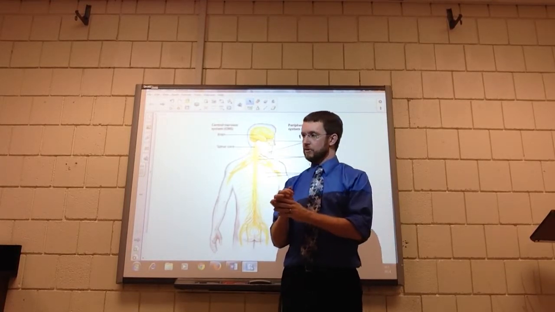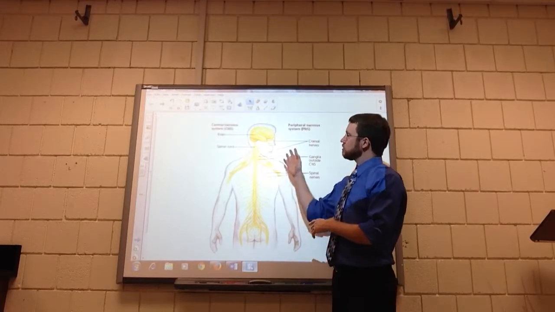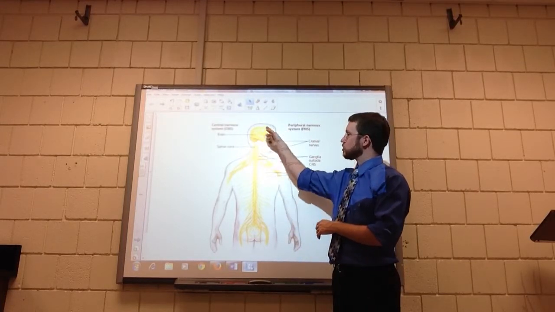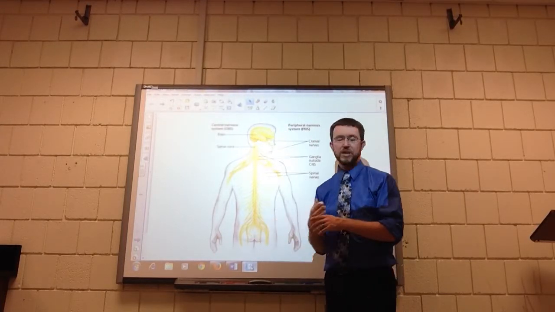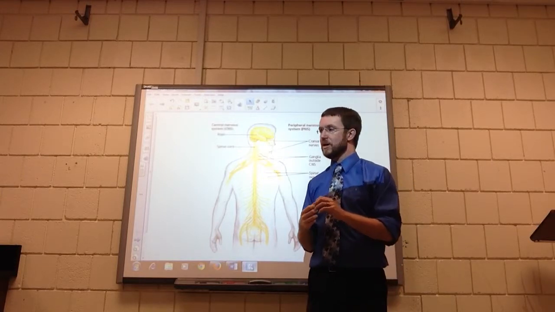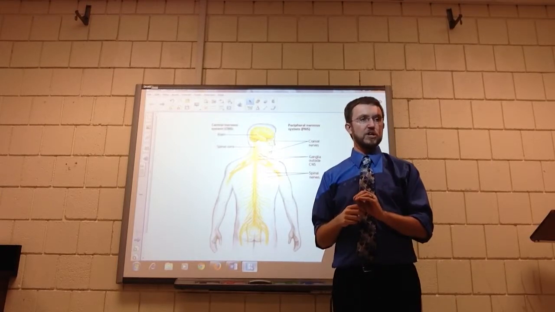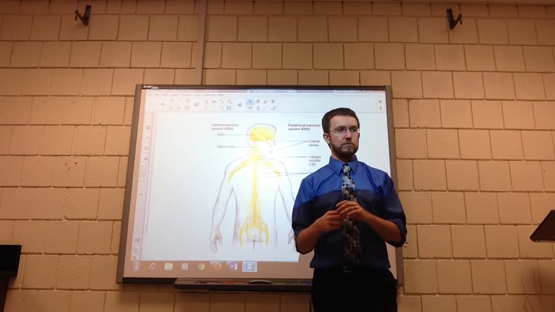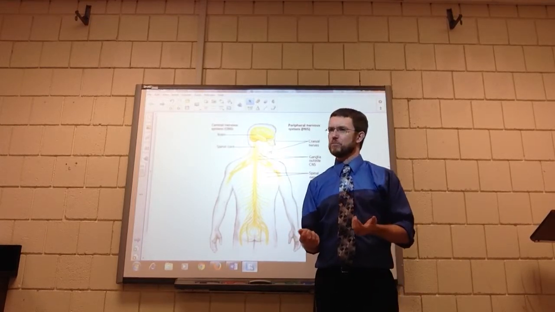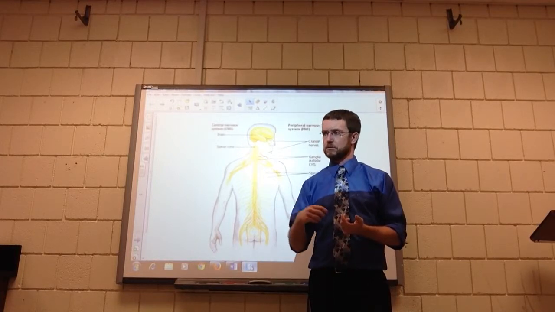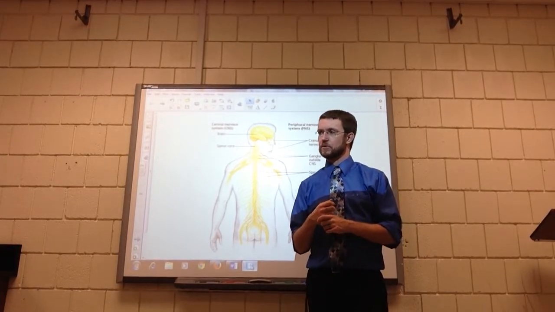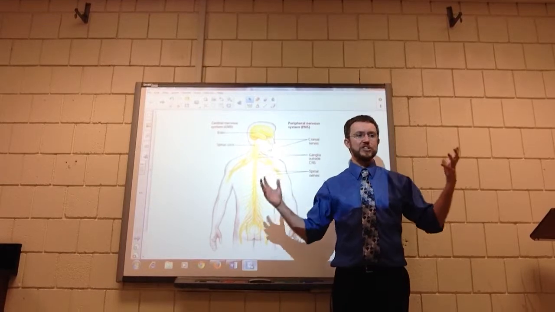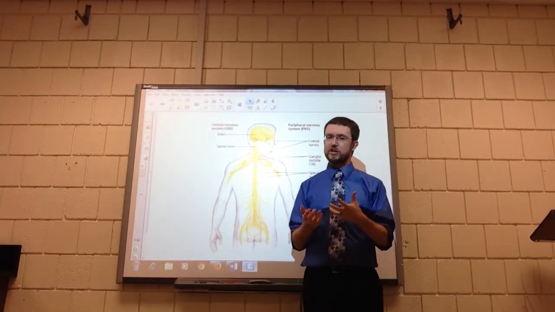Okay? Now, our nervous system, though, has two segments, and they're not just your brain and spinal cord. We refer to the two different parts of the nervous system as the central nervous system, which is the brain and spinal cord, and then the peripheral nervous system, which is, do we know what the word peripheral means? Like not in the middle, like on the outside. Yeah, it's the things around the edges. It's everything else other than the central part, okay?